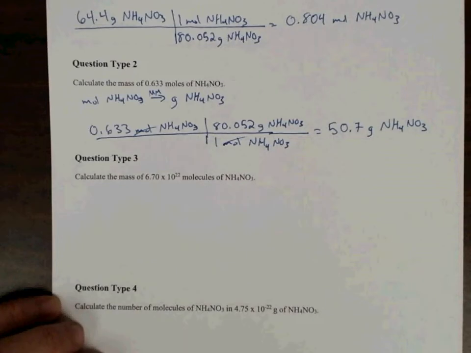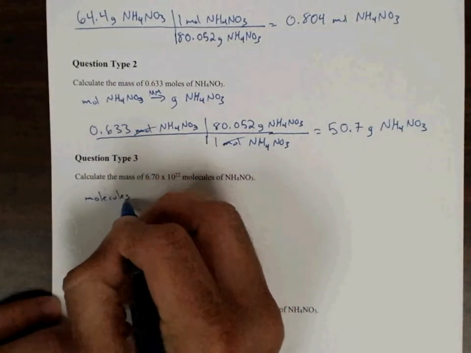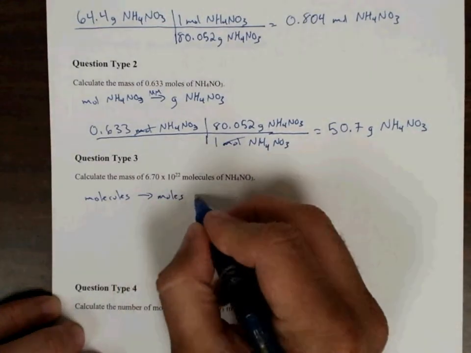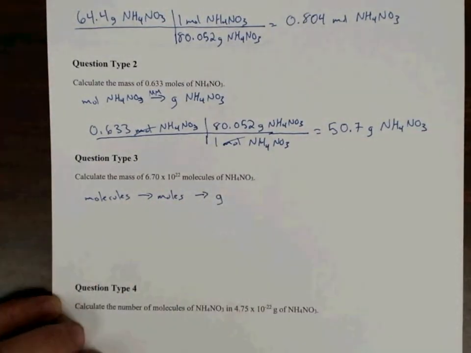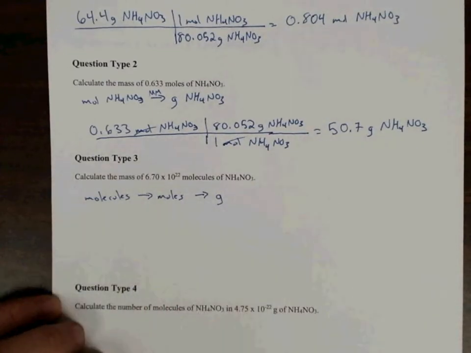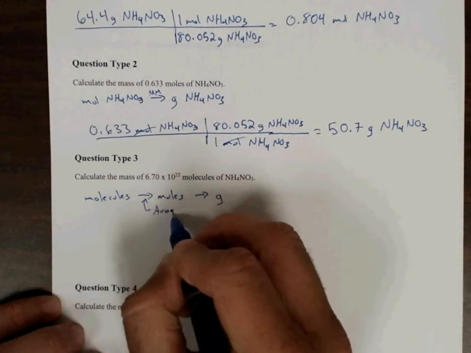Well, in order to do this calculation, we're going to start with molecules, and then we're going to have to go to moles, and then we're going to have to go to mass in grams. We're going to need two conversion factors now. This conversion factor here needs to be Avogadro's number.